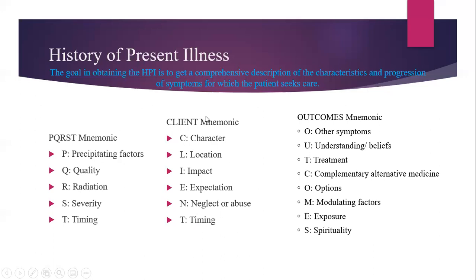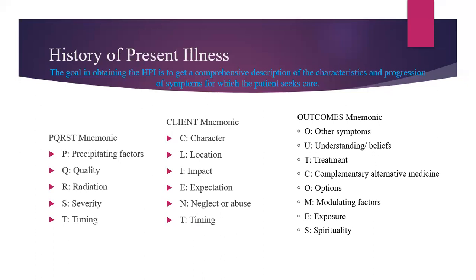The common client outcomes, we can remember as CLIENT. C is for character: the character of the symptom, including intensity and severity. L for location, including the radiation.